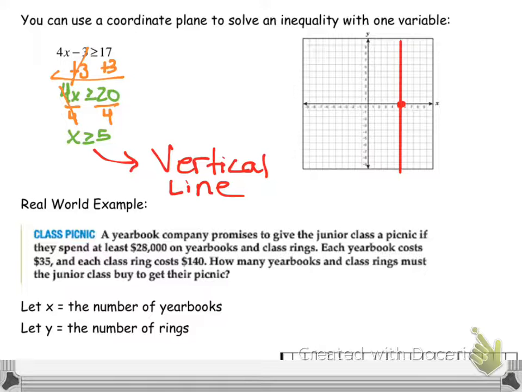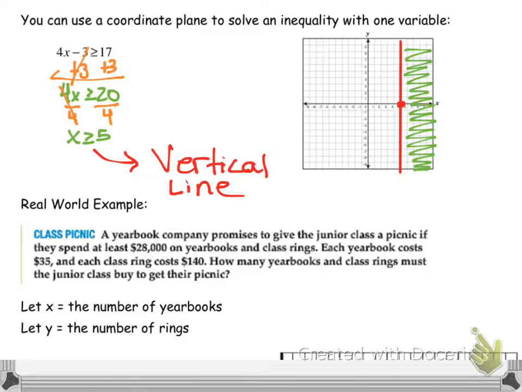What are areas where your x values are greater than or equal to 5? Greater than or equal to, if we're looking, it's going to the right, so that's why our shading makes sense to be on the right side. So x is greater than or equal to 5 is all the possible solutions that go to the right of that vertical line.